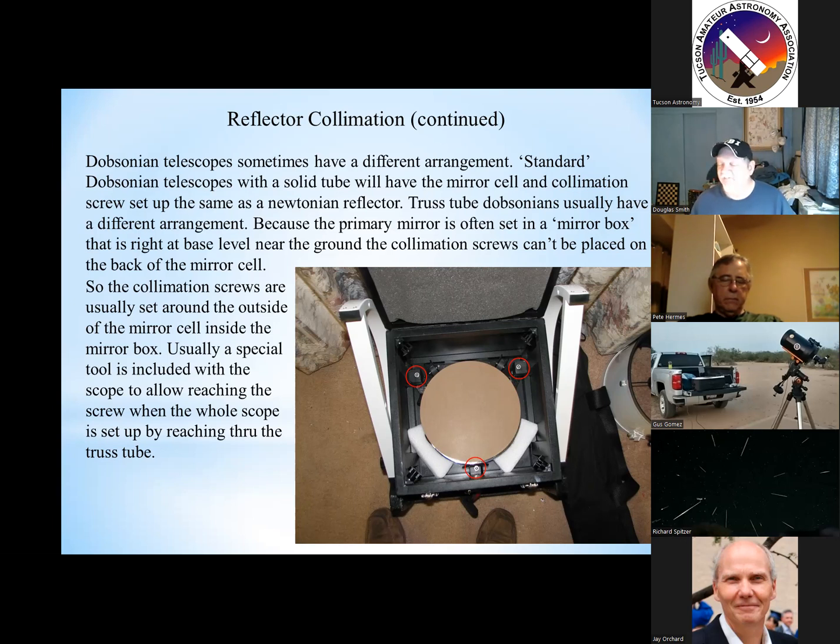The modern ones, they have computer controls in there, they have circuit cards in the clock drives. My Meade Schmidt Cassegrain, which is pushing 30 plus years old now, even it has a circuit card with a chip and some other things on it, for controlling the speed of the clock drive.